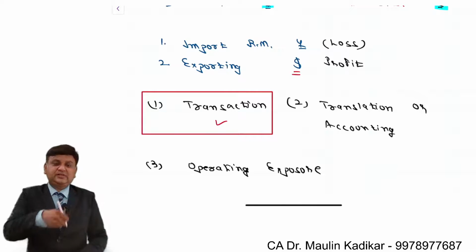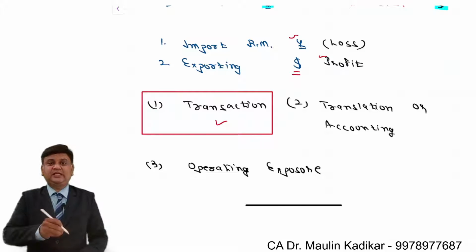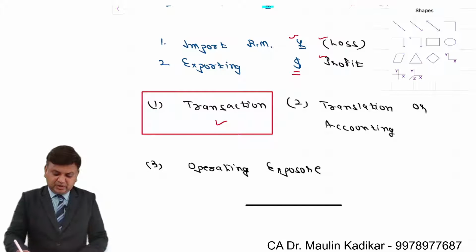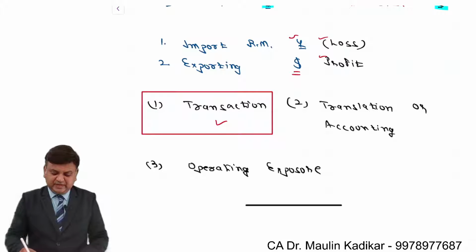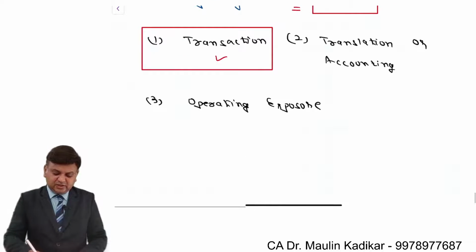You are going to receive consideration in that foreign currency, so that results in profit to you. The currency in which you are required to make payment is again appreciating, then it is a loss for you. Taking into account these two effects combined will make the computation of the profit or loss due to transaction exposure. Another term is accounting exposure or translation exposure.